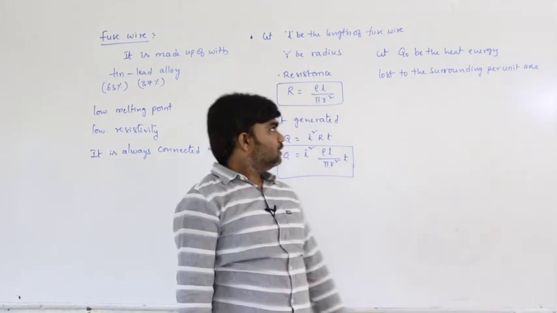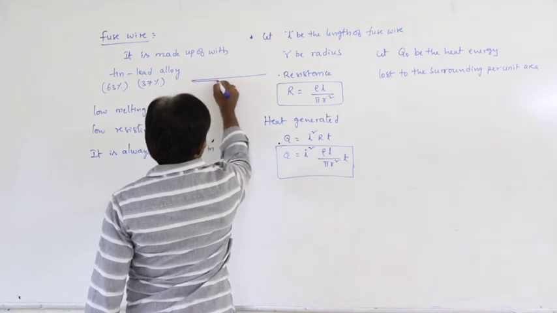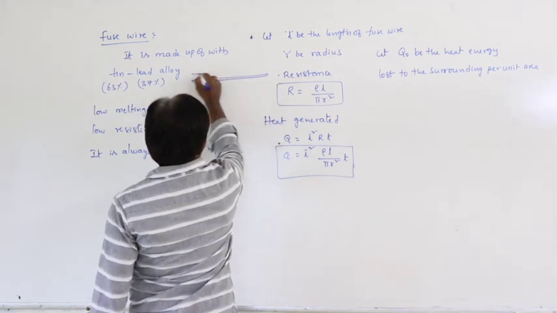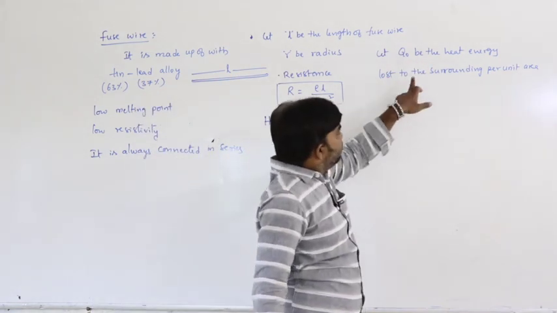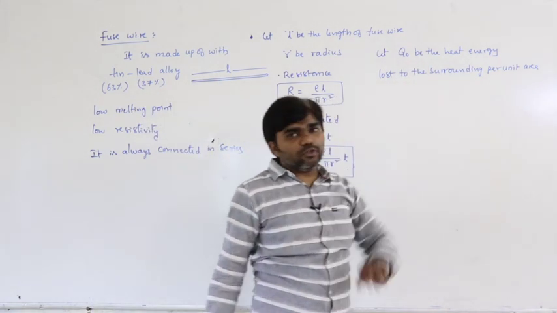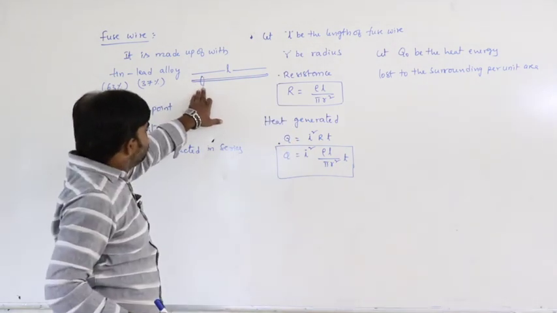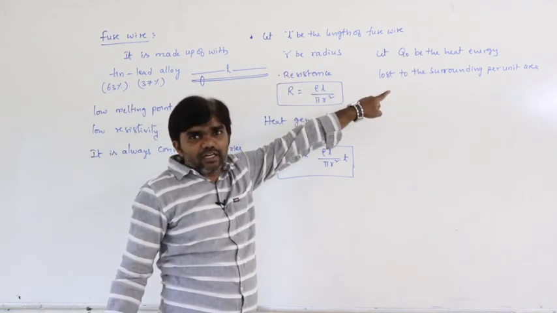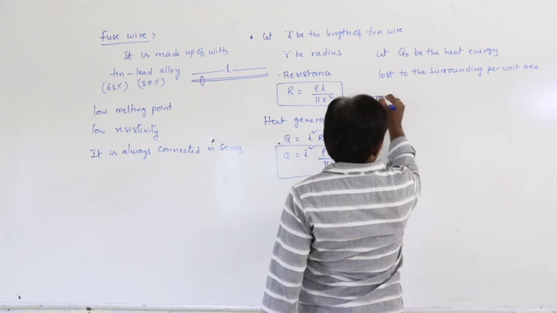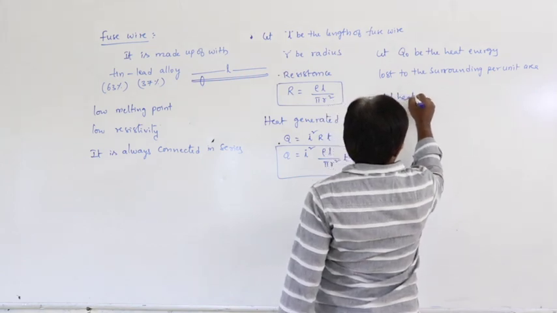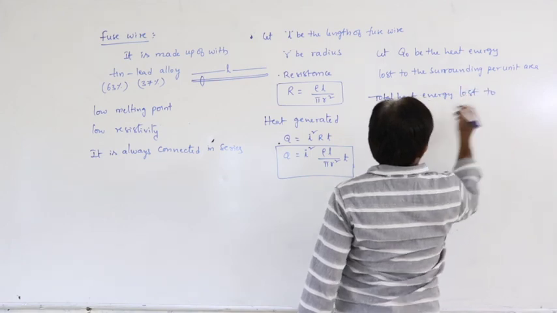Let us say this is the fuse wire, its length is L and its radius is R. Let Q naught be the heat energy lost to the surroundings per unit area, for this small unit area. What is the total heat energy lost to the surroundings?